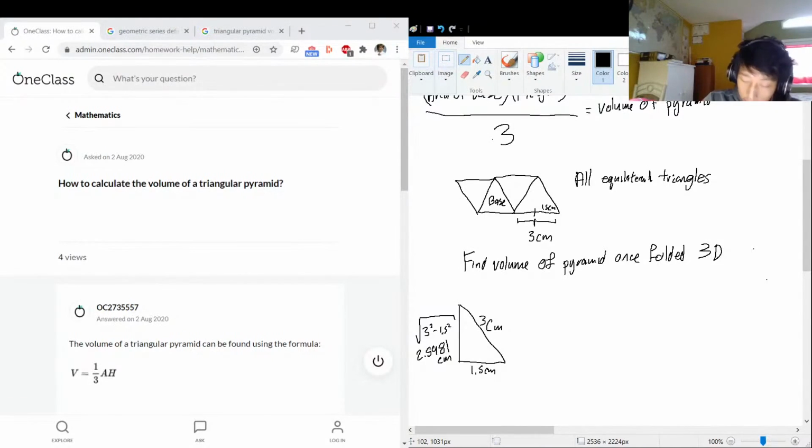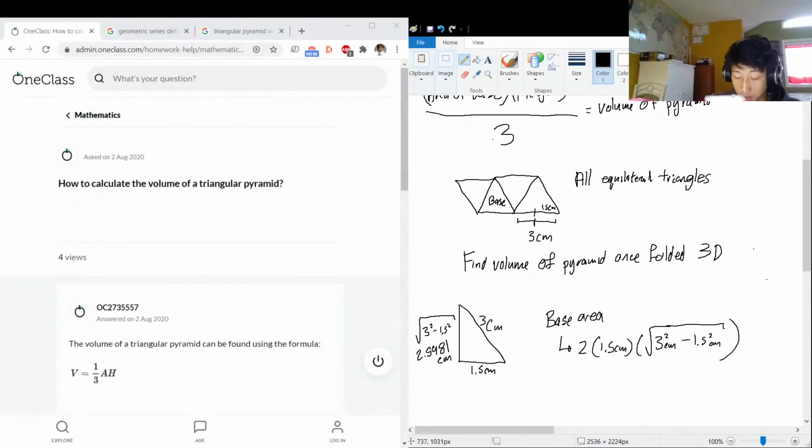Okay, so let's calculate our base area. Our base area is really just this half triangle multiplied by 2. So it's just going to be 2 times 1.5 centimeters multiplied by its height, which is, I'll write the full version, the square root of 3 squared centimeters minus 1.5 squared centimeters.